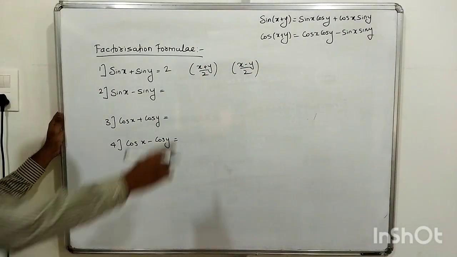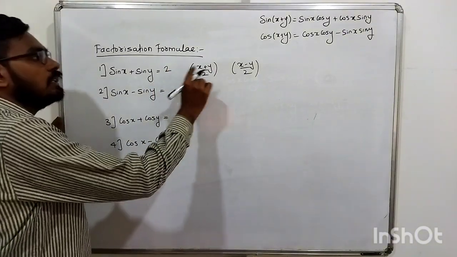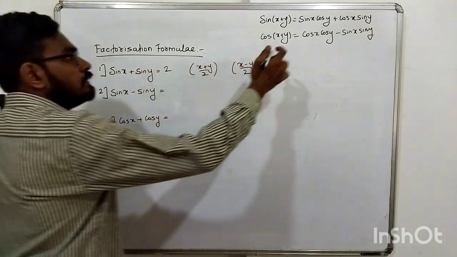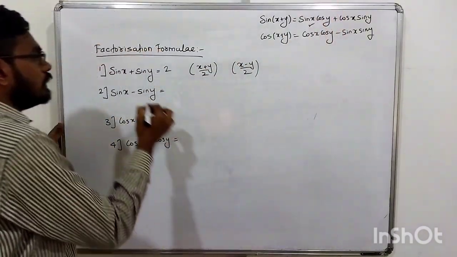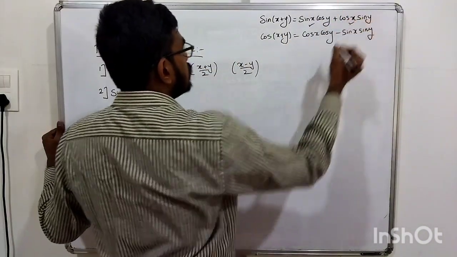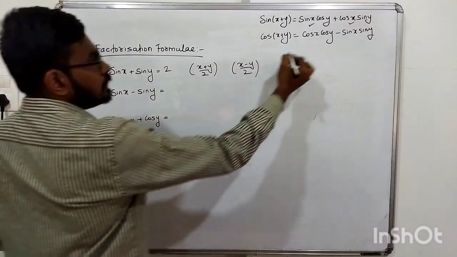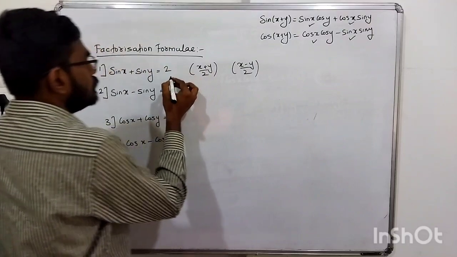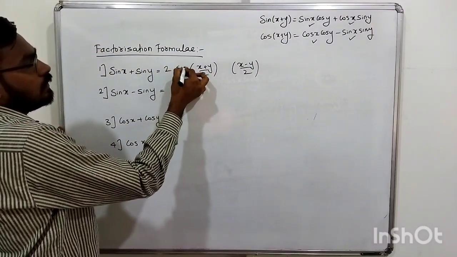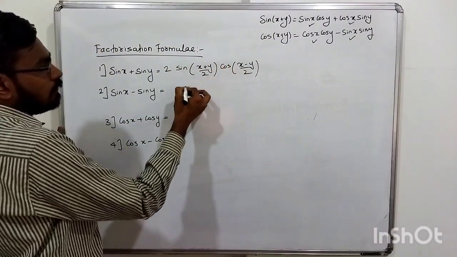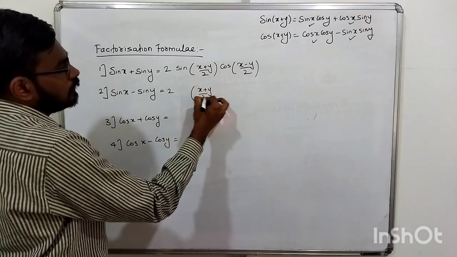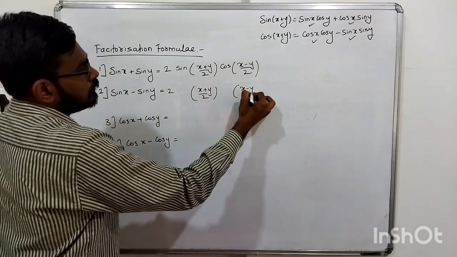Now what trigonometric ratio will come here? It depends upon whether there is plus or minus. So the first will become 2 sin cos. Second one will become 2 cos sin, with x plus y upon 2 and x minus y upon 2.